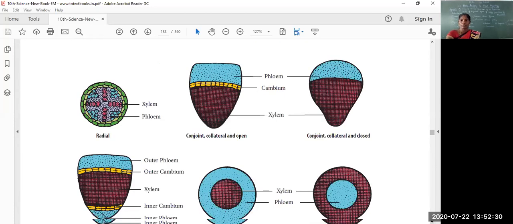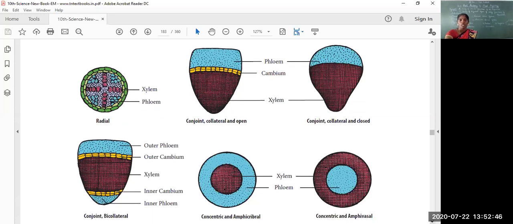First one, radial. The xylems are arranged in different radii and the phloems are arranged in different radii. Then you may see the conjoint, collateral and open. Next one is conjoint, collateral and closed. Closed type if the cambium is absent. Open type, the cambium is present.